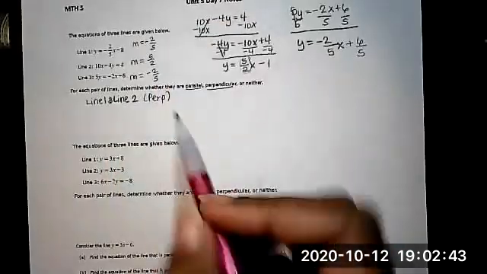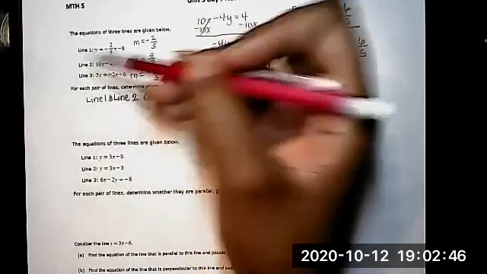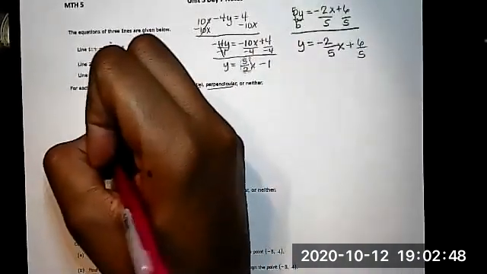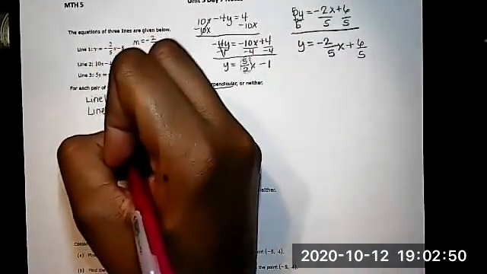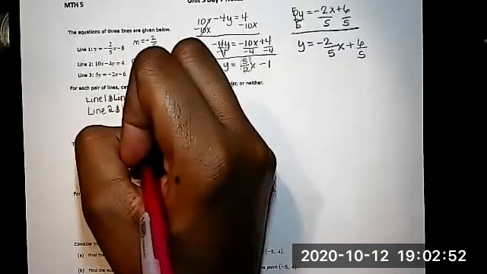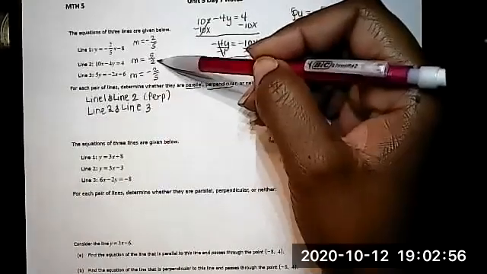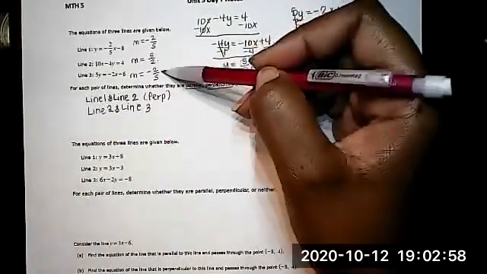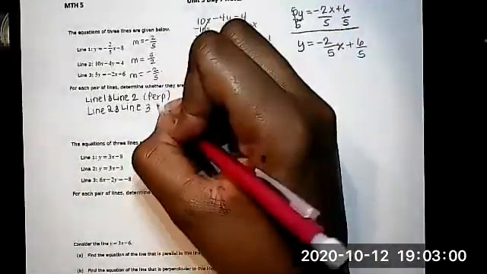Then you have line 2 and line 3. Line 2 and line 3, positive 5 over 2, -2 over 5, also perpendicular.